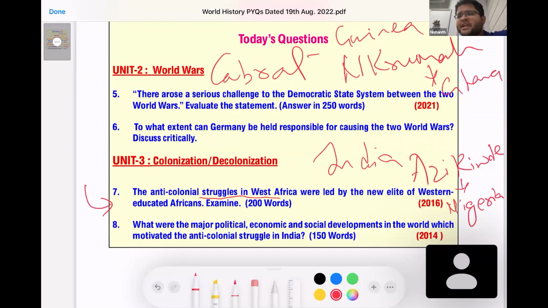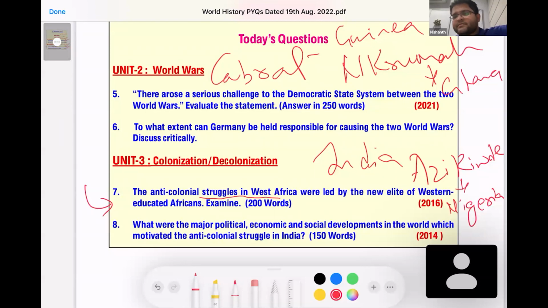And then you can extend this answer by saying this particular movement of Western Africa got spread to the entire Africa, and then it not only helped in the decolonization of Africa, but also to fight the evils within Africa. For example, the system. What is that system? Just unable to recollect that.